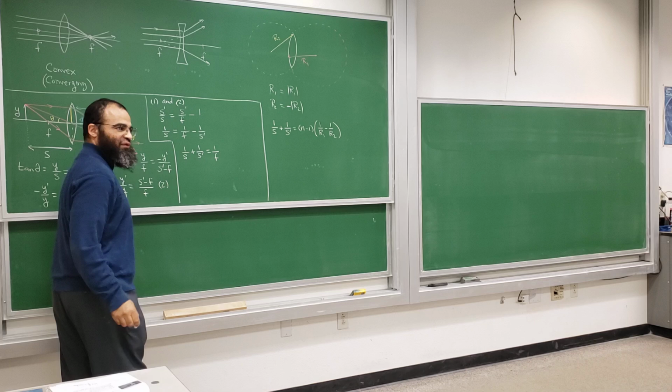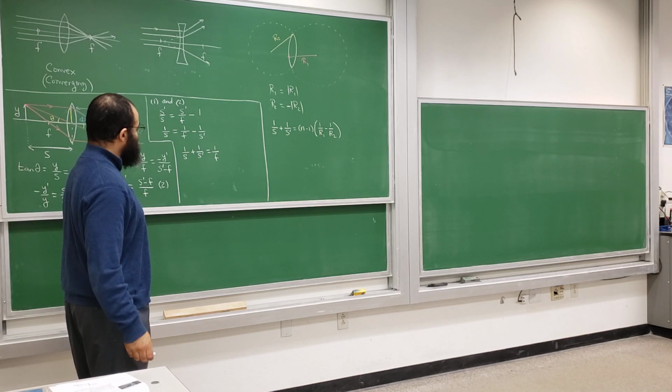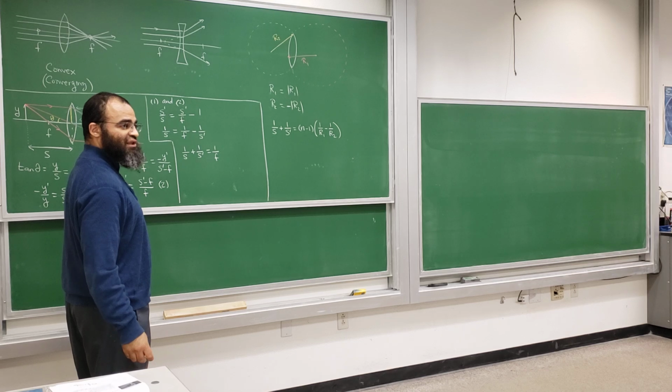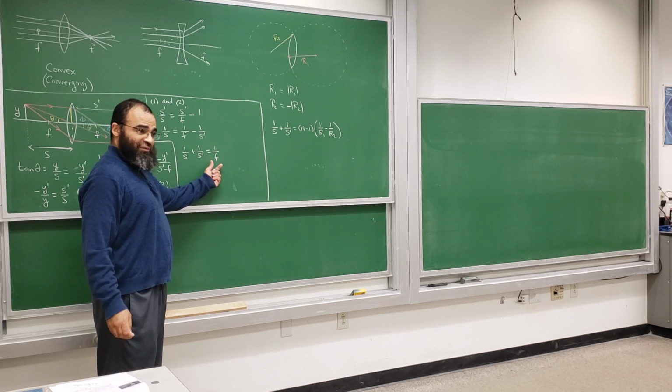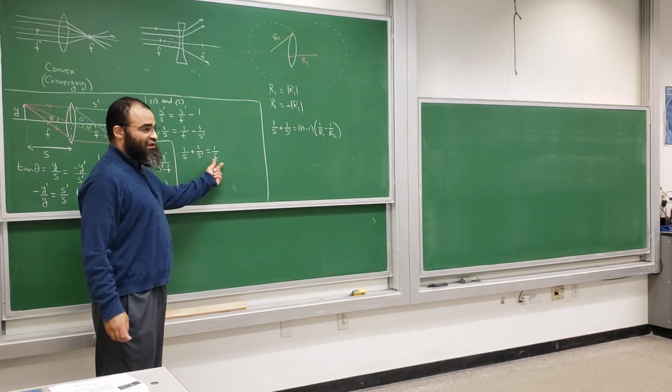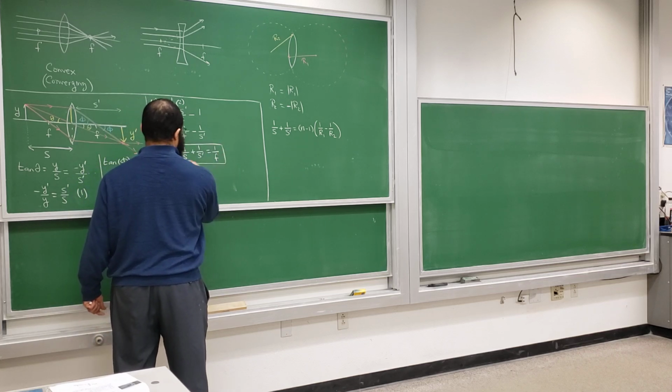Have we seen this equation before? Yes, for mirrors. It's exactly the same equation, and it works for both, and we just have to use the right sign convention. For converging lenses and mirrors, f is positive. Diverging lenses and mirrors, f is negative. And so this equation deserves a box again.